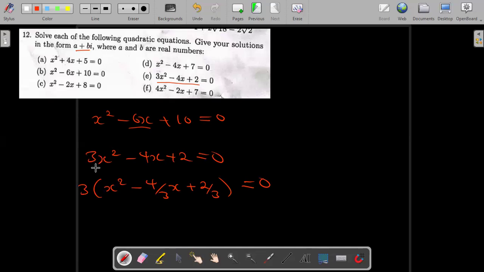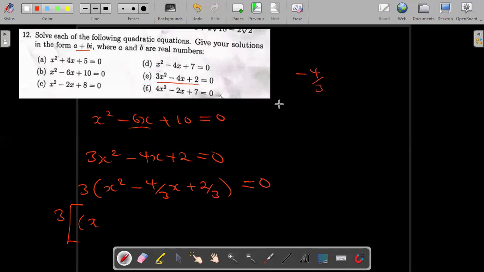Then the step of completing the square: after you factor out the 3, what I must get is the x, then the coefficient of x, which in this case is -4/3.